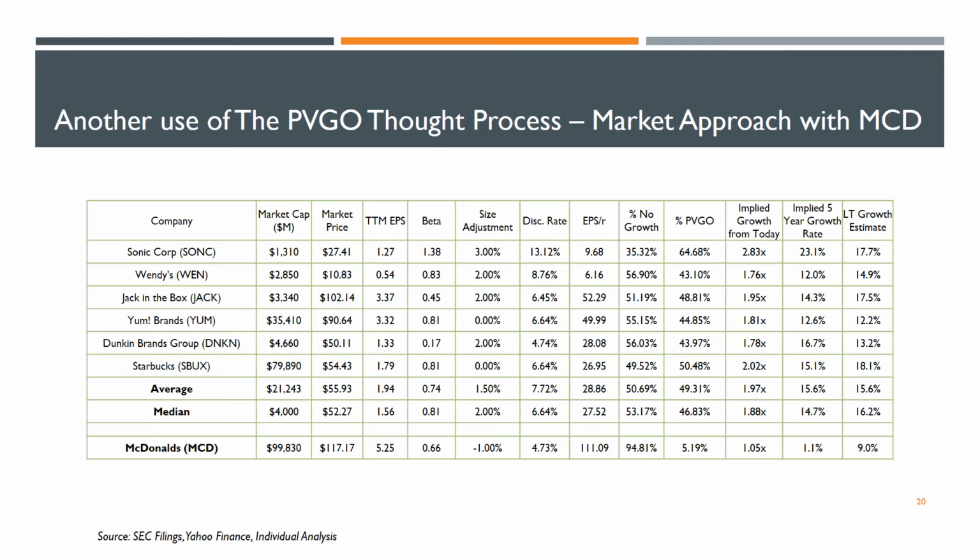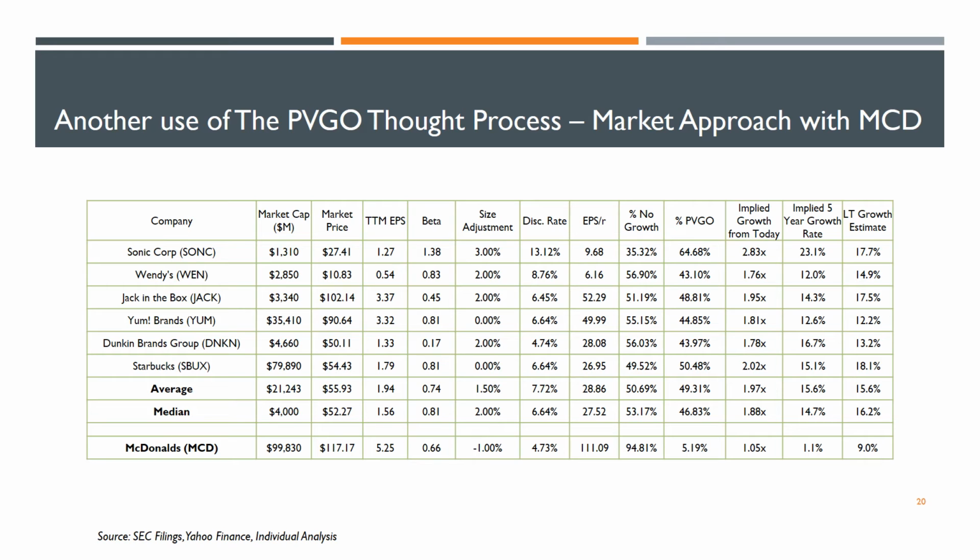Then you have McDonald's at the bottom. Now what you can do is find the discount rates, with the benefit being earnings per share here. Look at betas, look at the size adjustments, find the discount rates, and you can compare it to their market prices, and you can compare across a spectrum, across an entire industry, and see where a certain company lies.